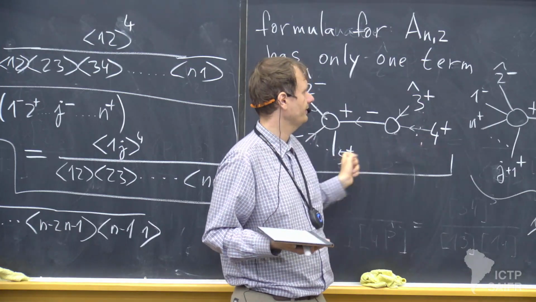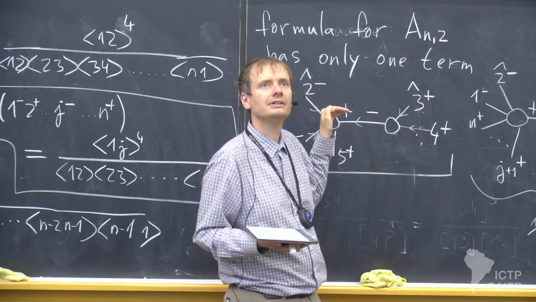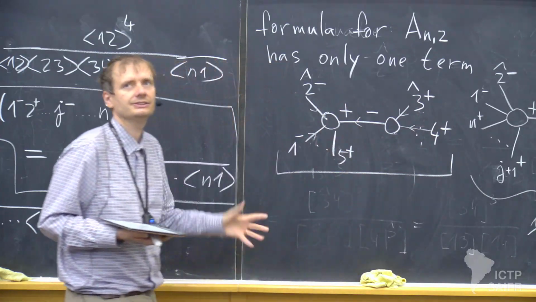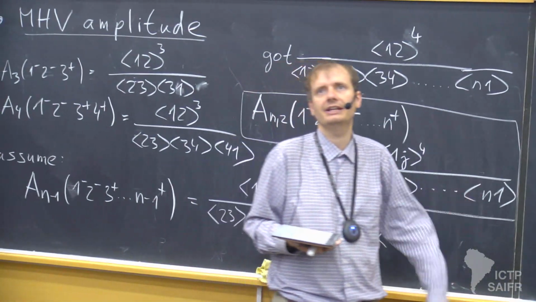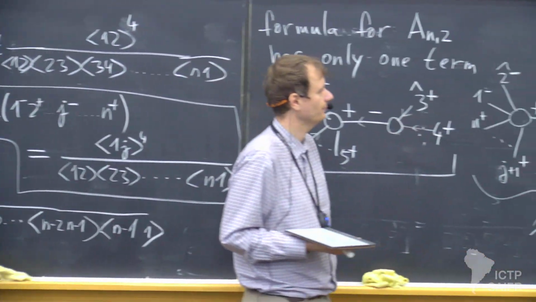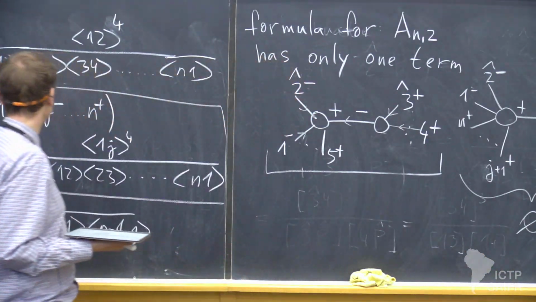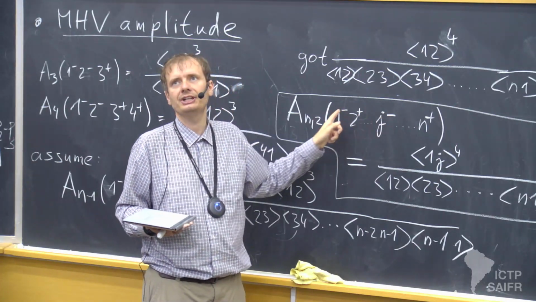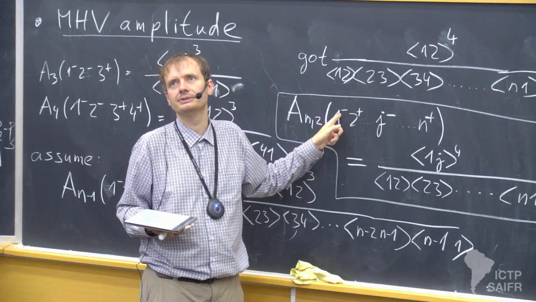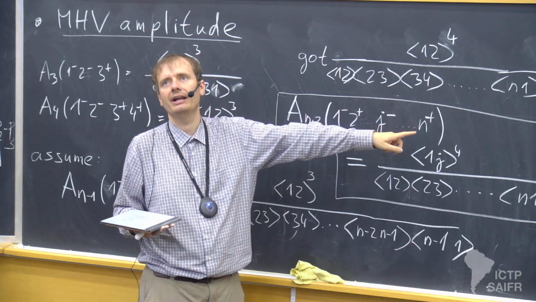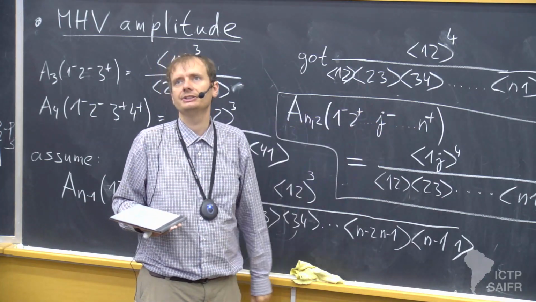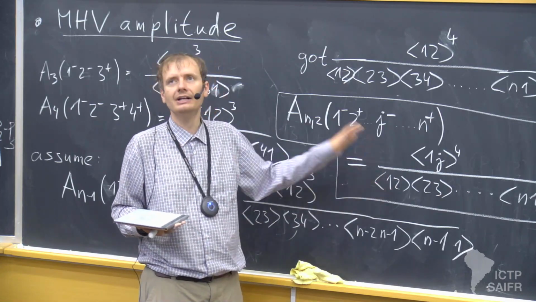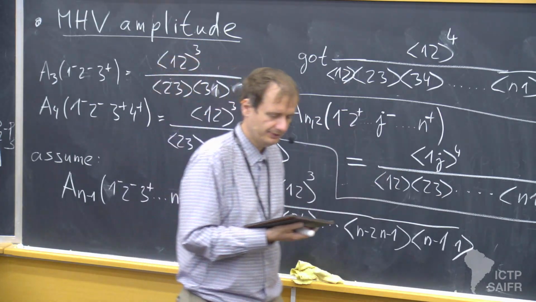You cannot exchange 4 and 5. It's ordered. It goes with this ordering, 3, 4, 5. That's the strength of the ordering. It just doesn't allow all these other orderings. So there is only one term. If we calculate this thing with the minuses being far from each other, we will have more terms that contribute. This will not be the only diagram allowed. You can just check it for yourself. They will still sum into this formula, but there will be multiple terms which contribute.